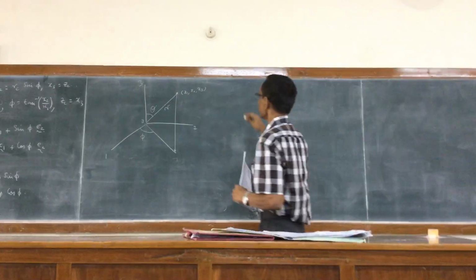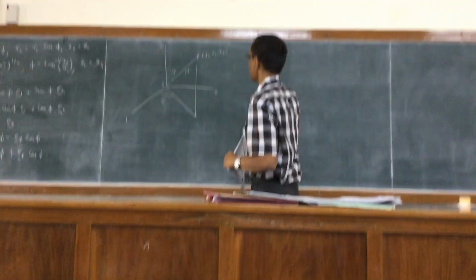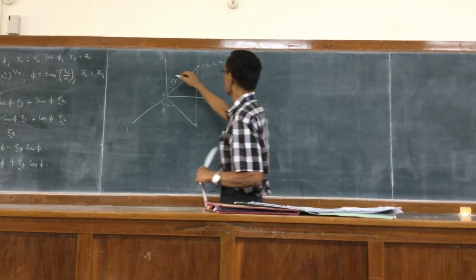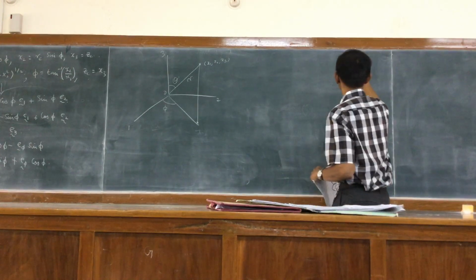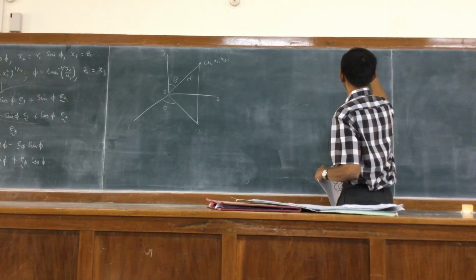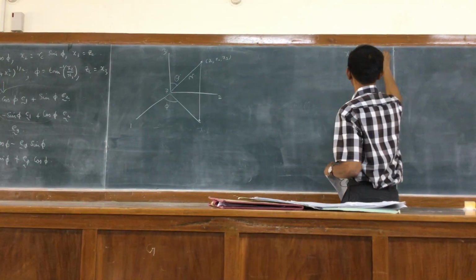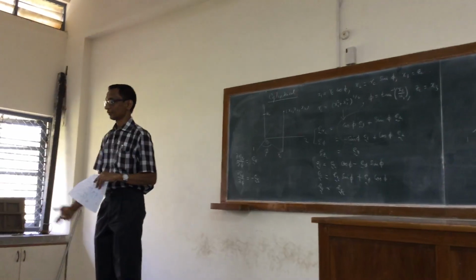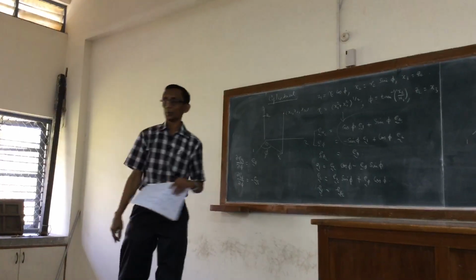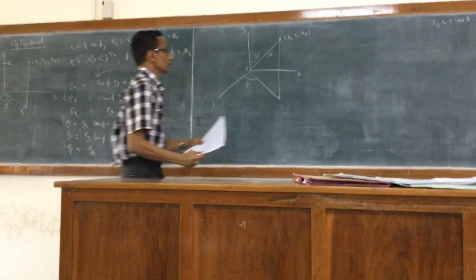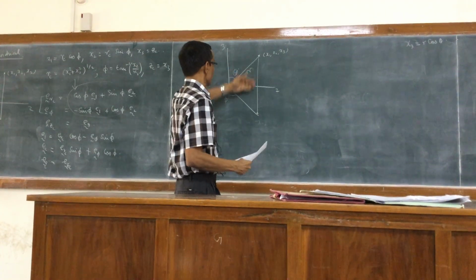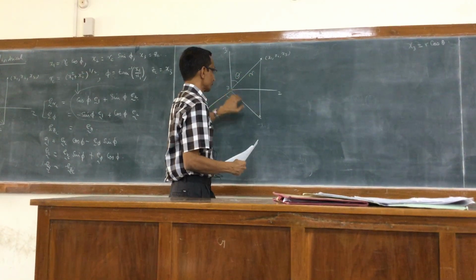So clearly, we can define the spherical polar coordinate in the following way. Now x3 is the easiest to write down. It will simply be r cos theta. That is the relation between the r and theta and x3. Now, r sin theta is nothing but rc.